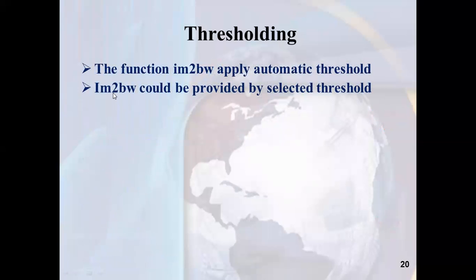The function imbinarize can transform directly the gray level image or the colored image into a binary image, and I can provide the selected threshold. I give it a threshold value and, based on it, it works directly.